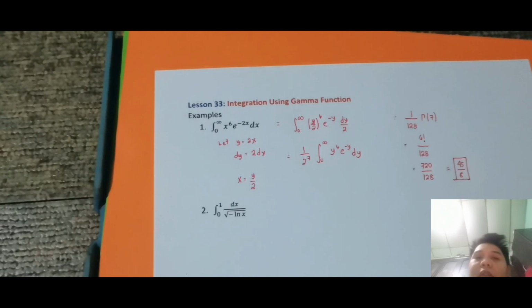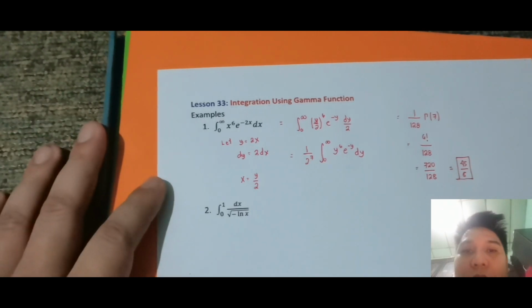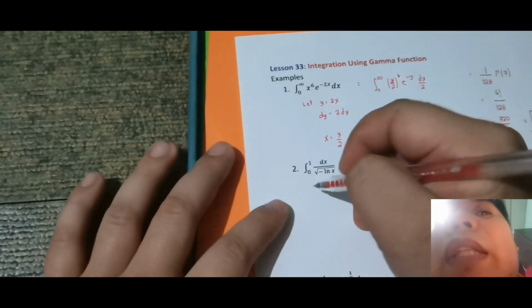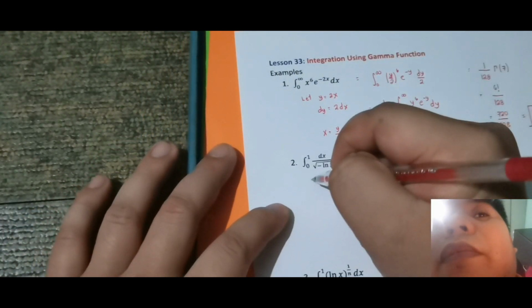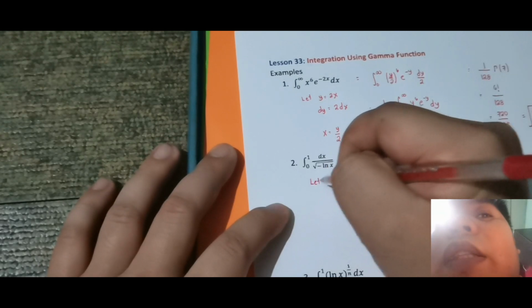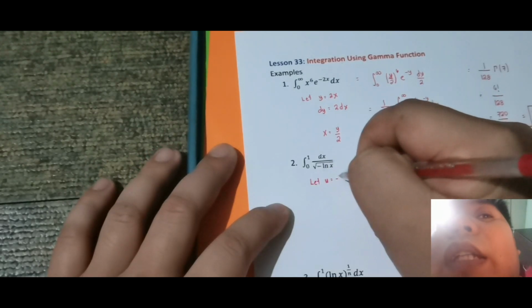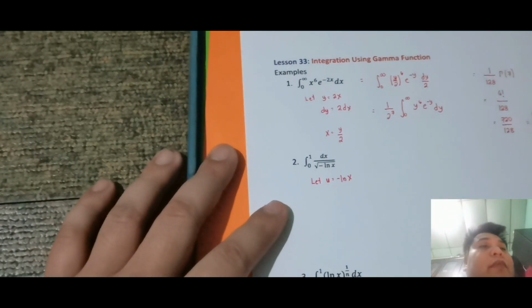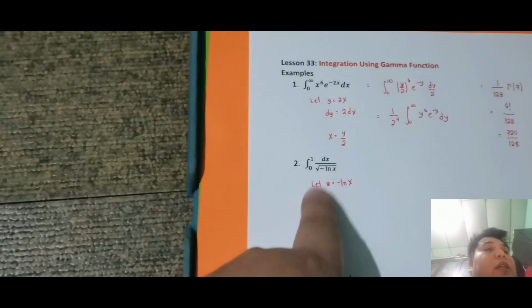So, I think since we have ln of x inside, probably we let that. So, let us try this one. I'll let the negative ln of x be, using another variable, not y: let u be equal to negative ln of x. Okay, so we all know that, let me remove the negative and put it on u.